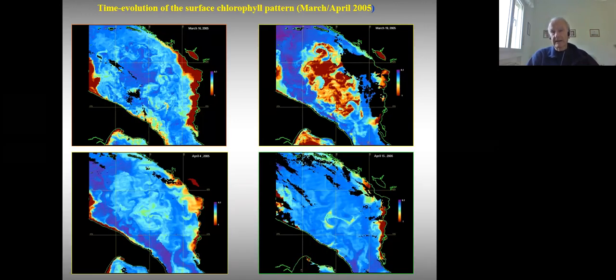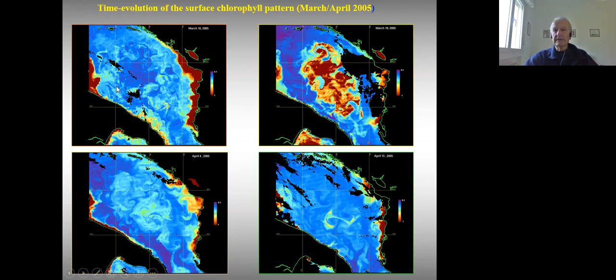As I started to tell you, the Adriatic is also a place of dense water formation. Here is the southern Adriatic part where the dense water formation takes place. Here is a piece of Italy, here is Albania, and here is Croatia.